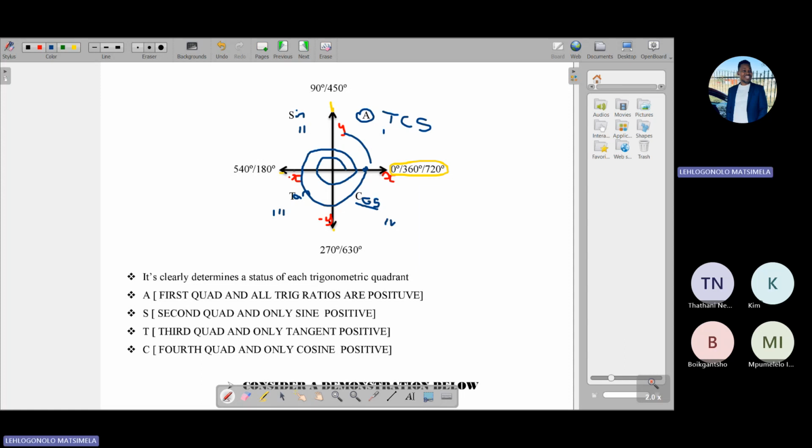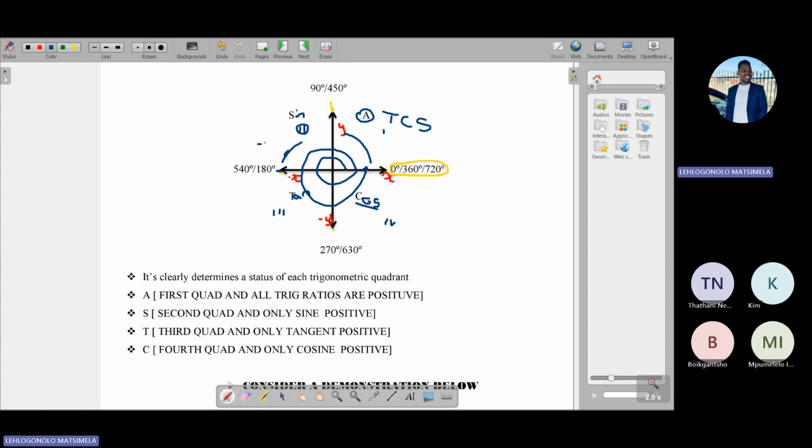So if we are having, for example, cos 180, it means this cos is going to come in this direction, and 180 is in between here. Between 90 and 180, 180 is in here, and this side is quadrant number 2. Which means cos 180 is going to give us a negative number, less than 0.